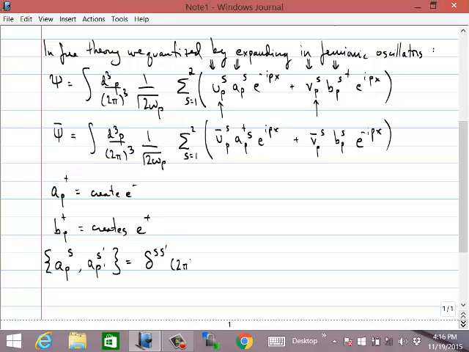So, for example, if P is not equal to P prime, or if S is not equal to S prime, then these raising and lowering operators would obey anti-commutation relations rather than commutation relations. And similarly for the operators that create or remove positrons.